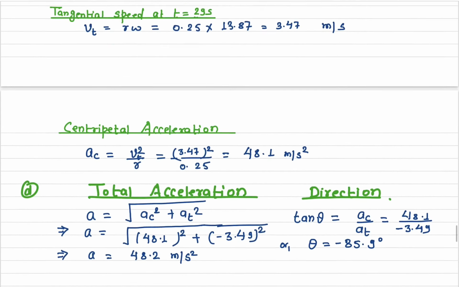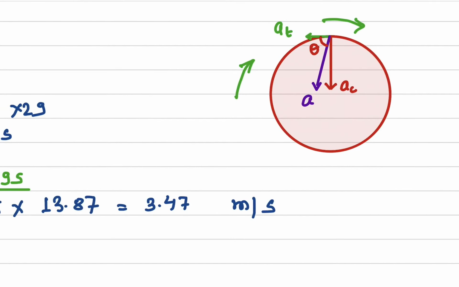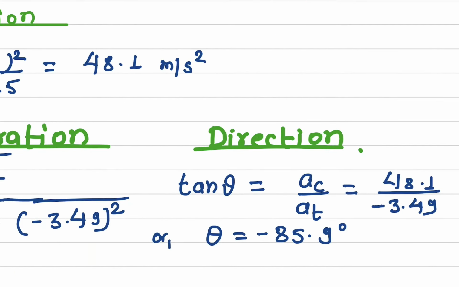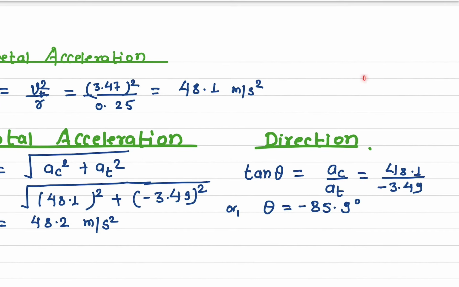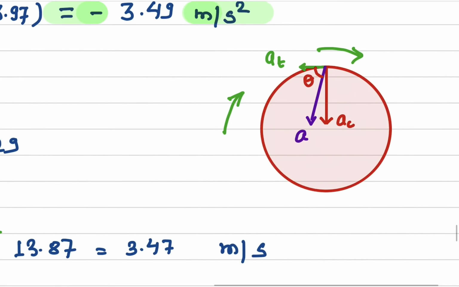And the direction: the total acceleration is not radially inward, because it has a small tangential component. The way we can find it is tangent theta equals ac over at. Like theta here, rise over run gives you the angle. In this triangle, the rise will be ac and the run will be at, because I'm taking this angle, so tangent theta is ac over at.